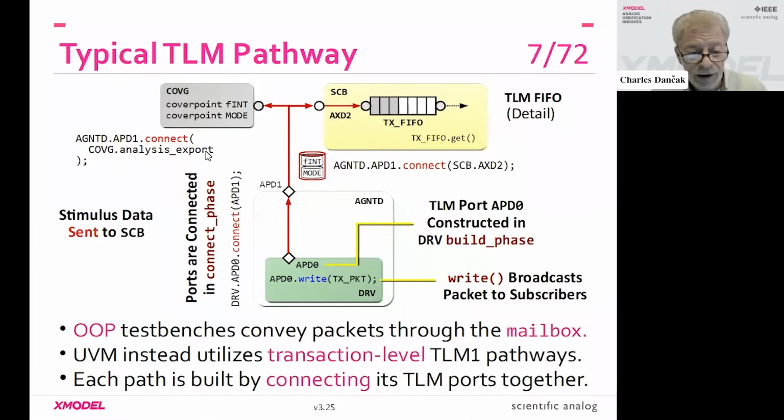So we can connect it to APD1, an analysis port, driver side, level 1 in the hierarchy, and we're done. So we're now in position to send stimulus packets from the driver on up to the scoreboard. What kicks off the sending is this call to write. So there is a typical TLM1 pathway.